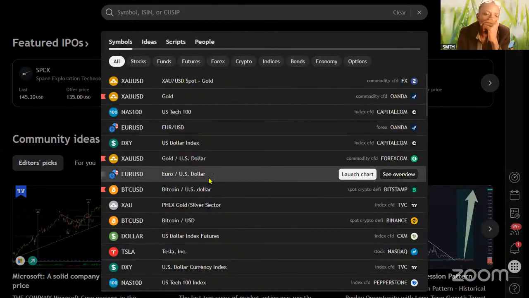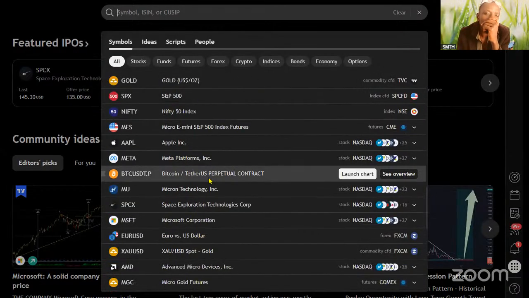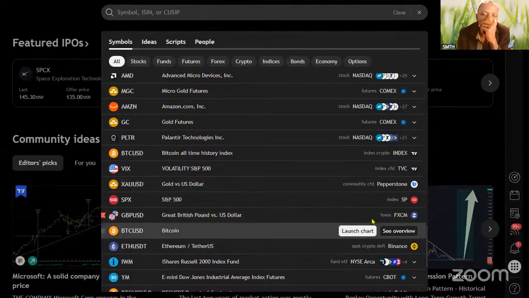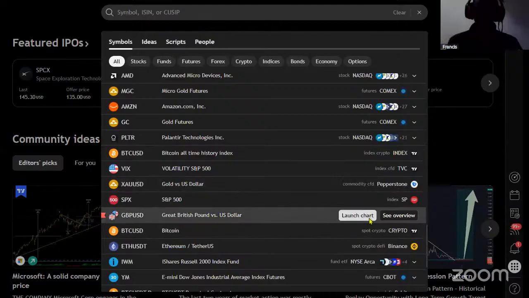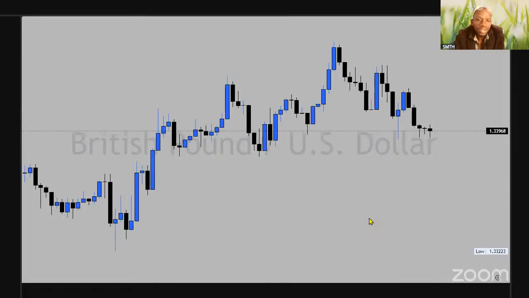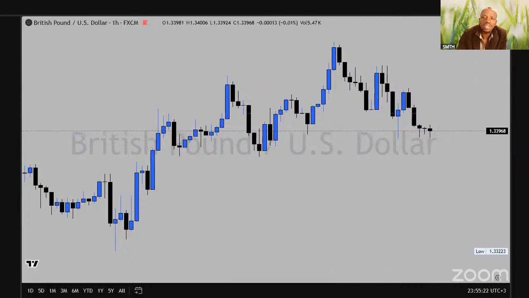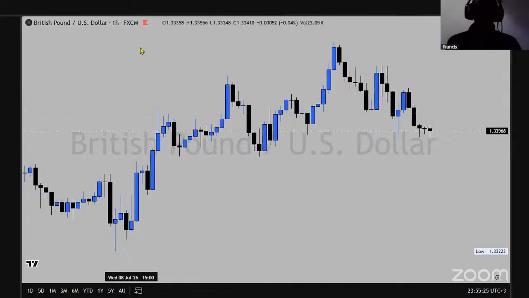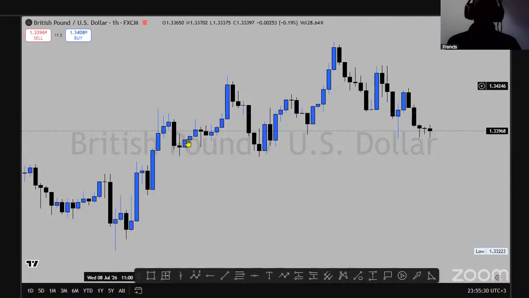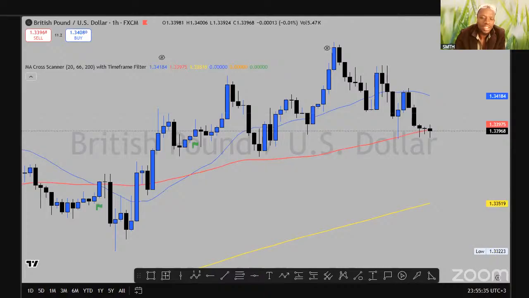Tufanyie markup pair gani? Let me do. It's long since nifanye GBP. Okay, this is supposed to behave. What's wrong? I think TradingView walikuwa wamenicorrectia this mistake. I don't know.